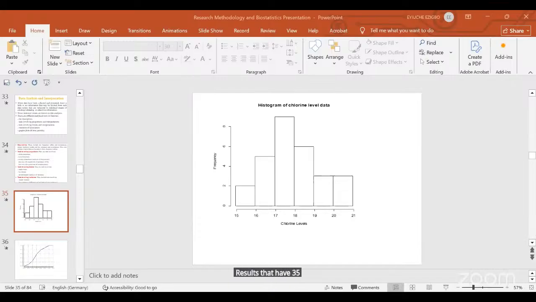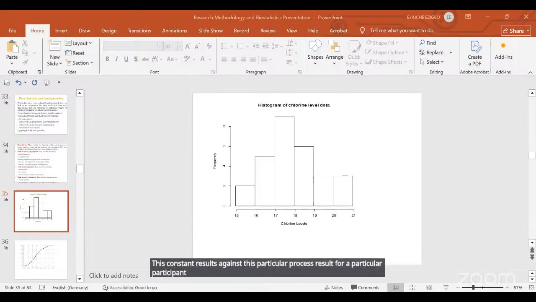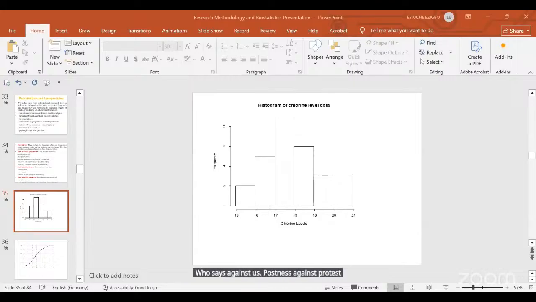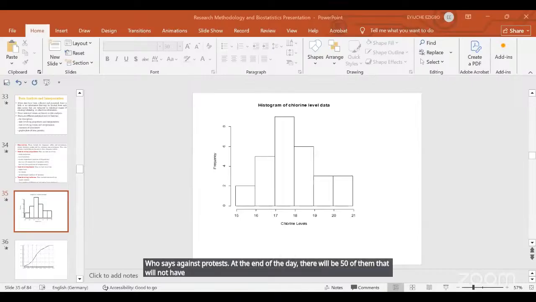You will begin to match them, post-test against pre-test for a particular participant, post-test against pre-test. At the end of the day, there will be 50 of them that will not have the post-test results. Is it not so?